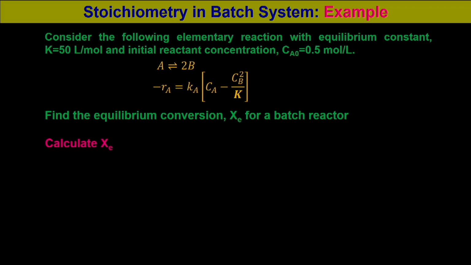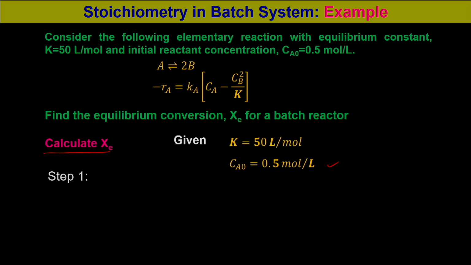Now, our objective is to calculate Xe. We need to see what is given. So, K is given, that is 50 liter per mole, and the initial concentration Ca naught is given, which is 0.5 mole per liter.